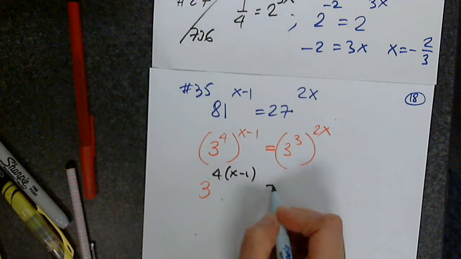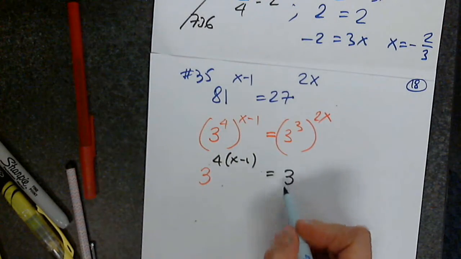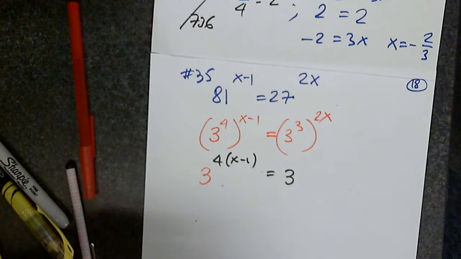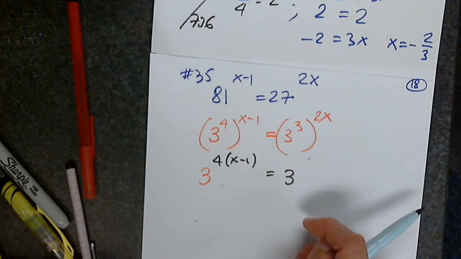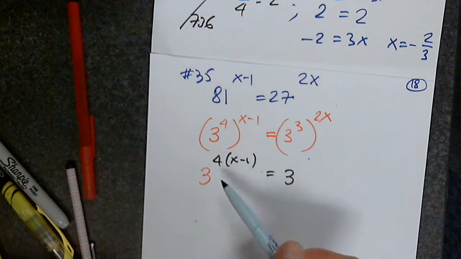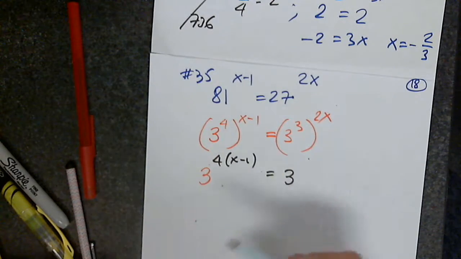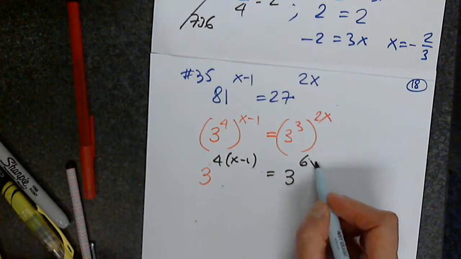You have to multiply them, correct? So then I copy the base and then 3 to the parentheses. Here I had to use parentheses because I had x minus 1, but here it's just a 6x.